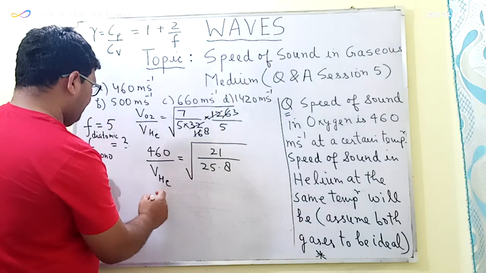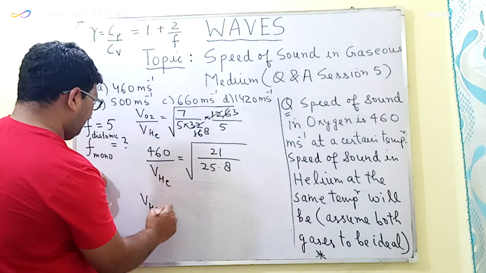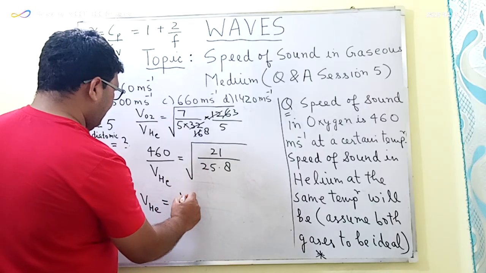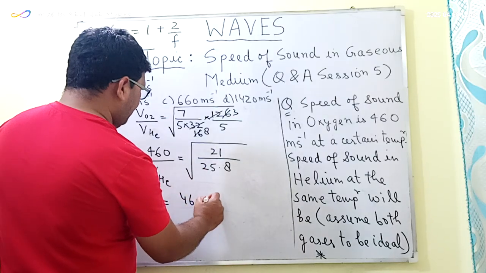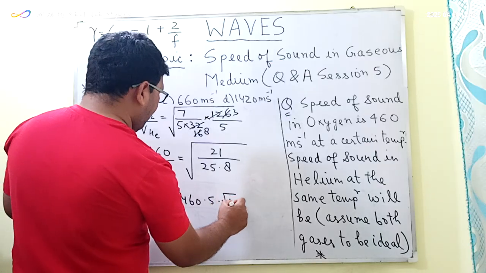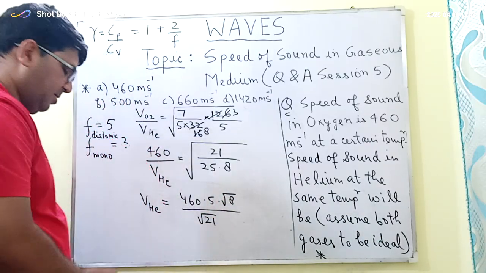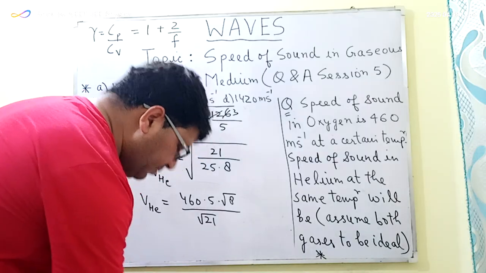So the velocity of sound in helium will be equal to 460 into 5 into the square root of 8 divided by the square root of 21.